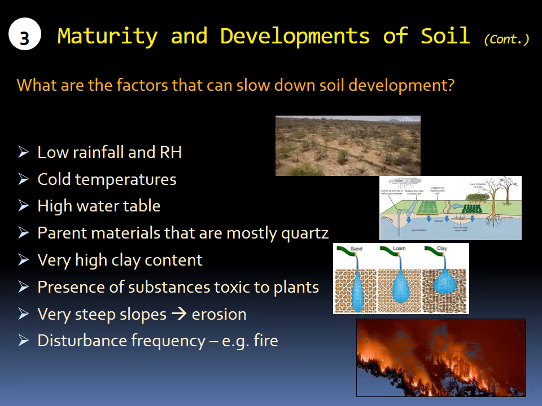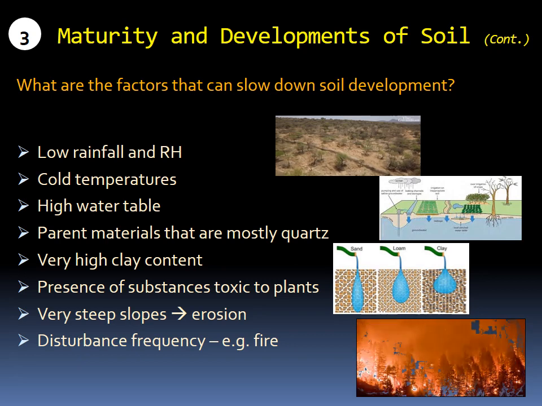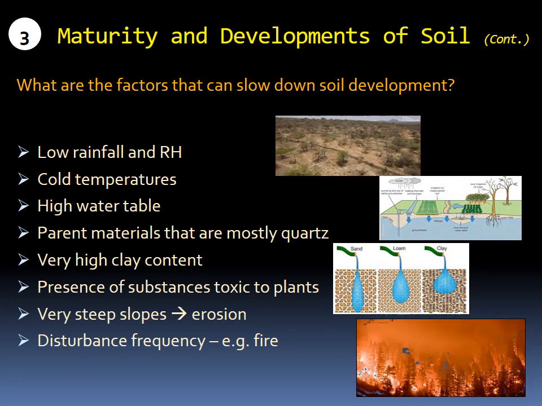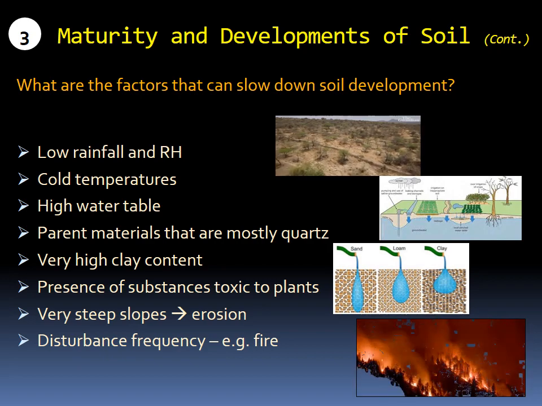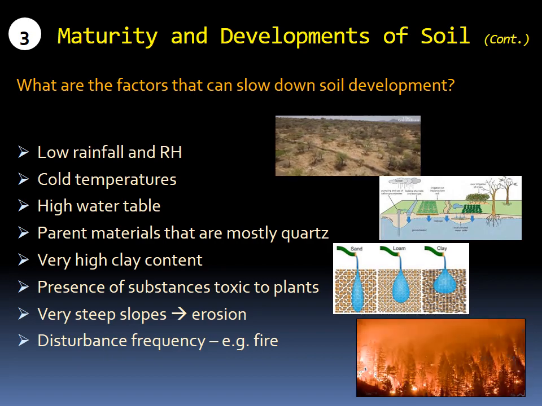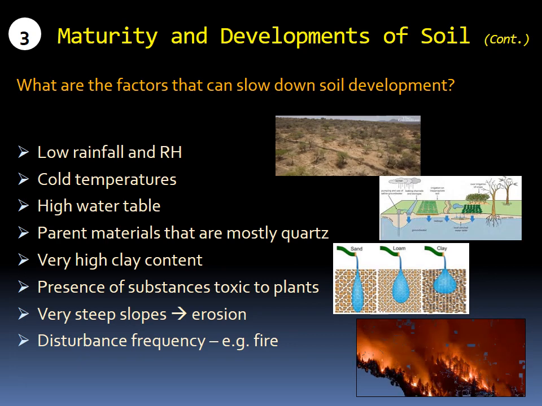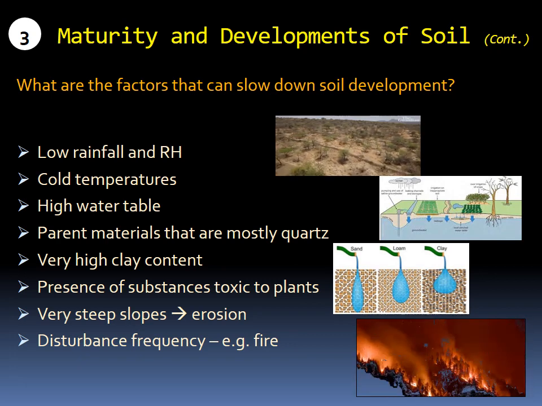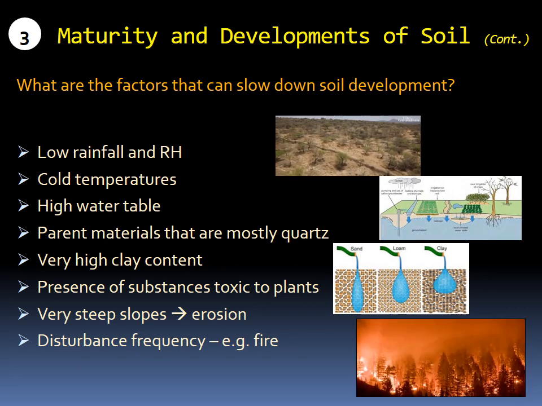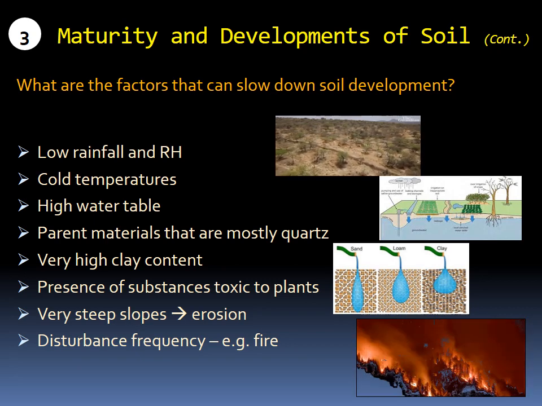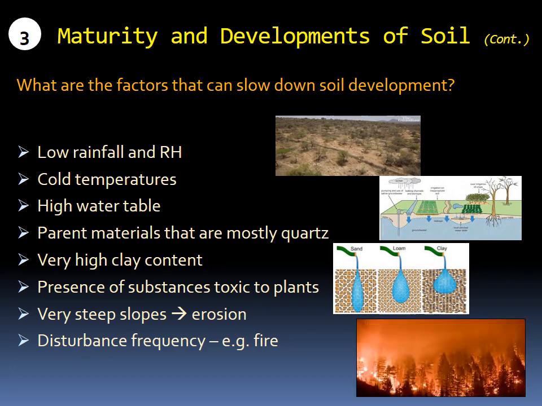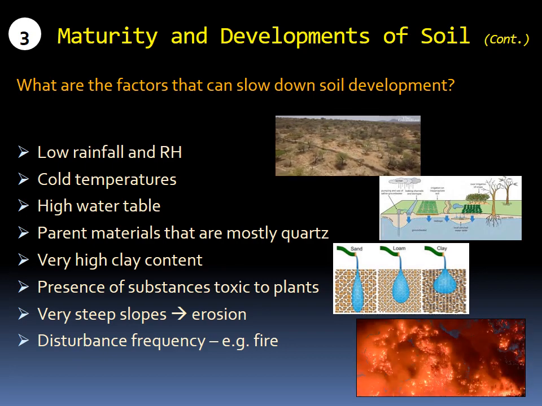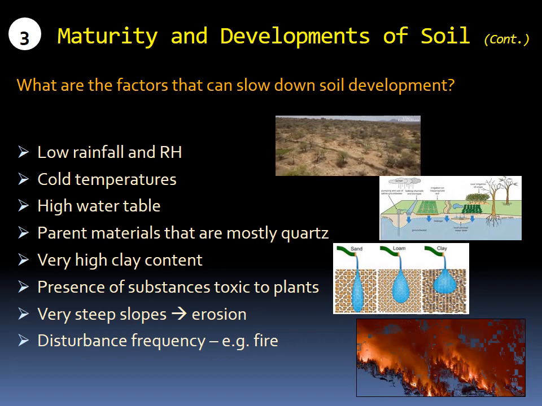Now the final factor is disturbance, like fire. Again, when you have a fire, like what happens in some of the forest fires, like what happened in Australia or Amazon or California, the fires will burn the forest, and therefore you eliminate the vegetative cover, you eliminate the forest, and that would significantly affect the biological life.